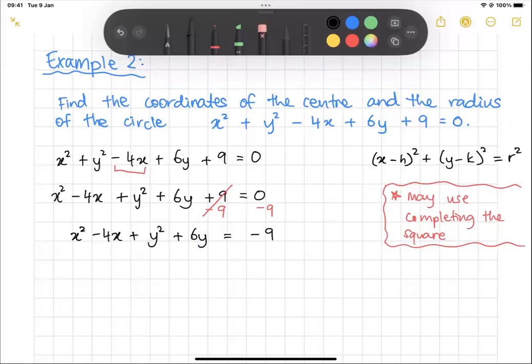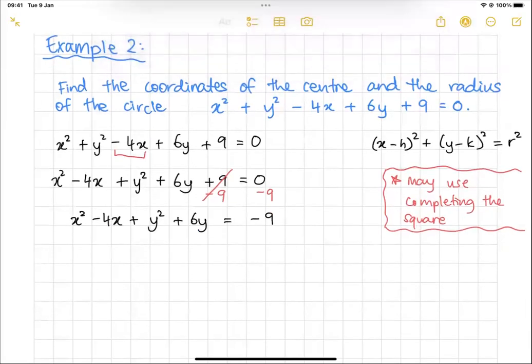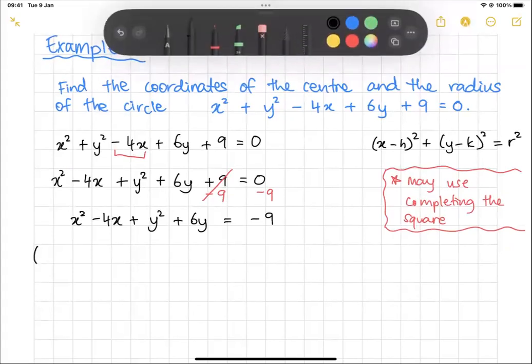Now, a little refresher on how to do completing the square. This is how we're going to do it. Thank goodness that I've grouped where my x's are and my y's are. This will make it much easier. To complete the square, I'm going to put the bracket, and I'm going to write down x squared minus 4x.